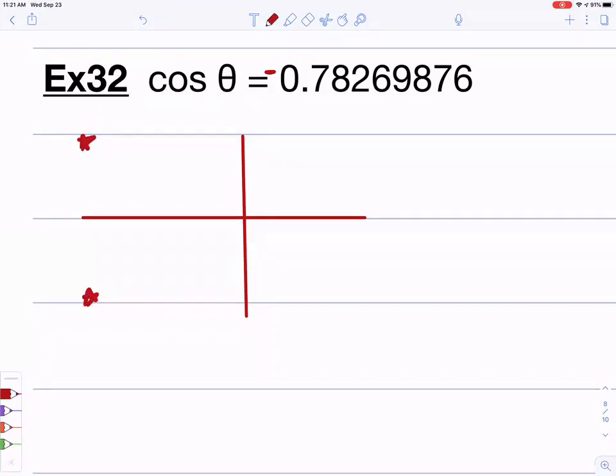And this helps me to check my work and make sure that my answers are lining up with what my plan said it was going to be. All right, now that I have a plan, I can go and find one of my angles. I won't be able to find both of them in the calculator, but I can go find one of them. So we'll have theta is equal to cosine inverse of negative 0.7 blah, blah, blah.